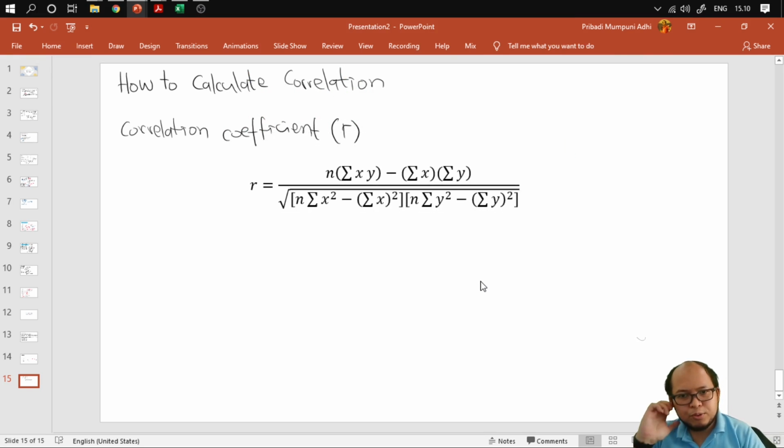So you don't have to remember this formula, you can just use it.